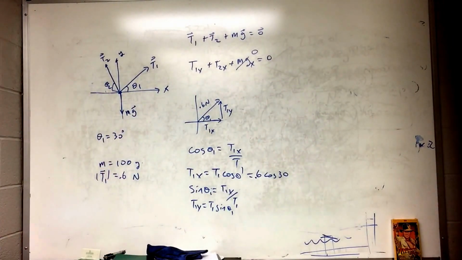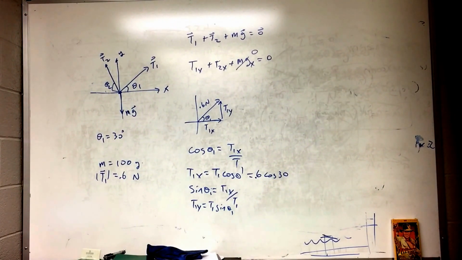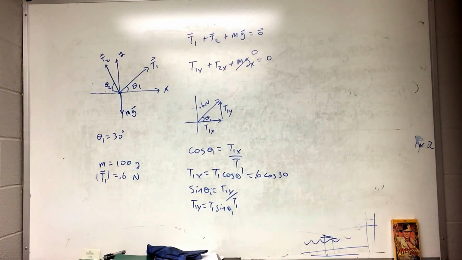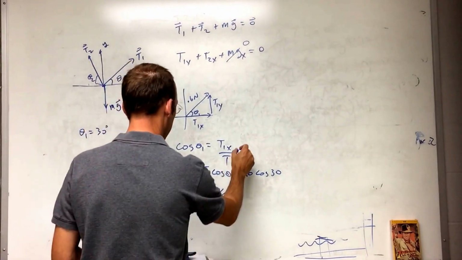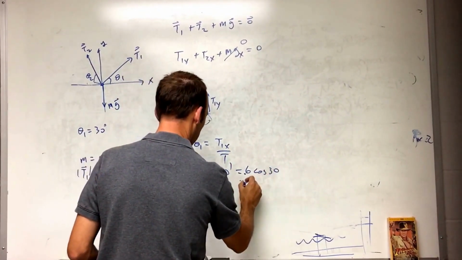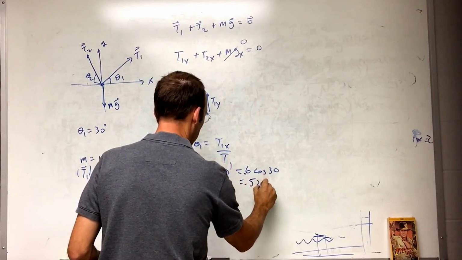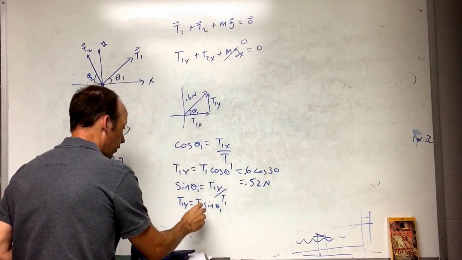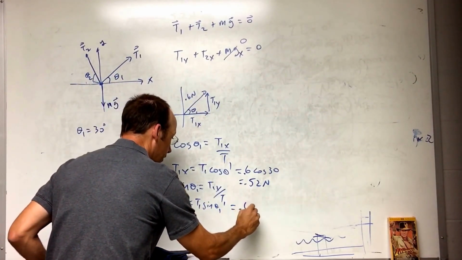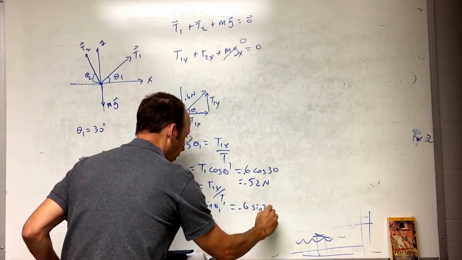So 0.6 times cosine of 30 degrees. That's 0.52. Let's say 0.52, rounded. So this is going to be 0.52 newtons. If I do the same thing for the y, it's 0.6 times the sine of 30.